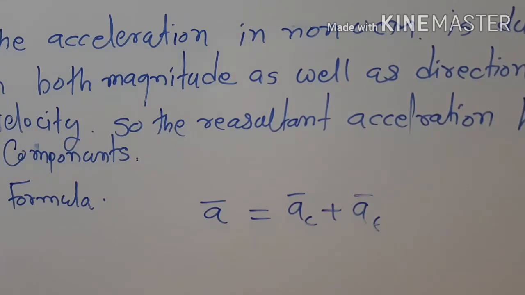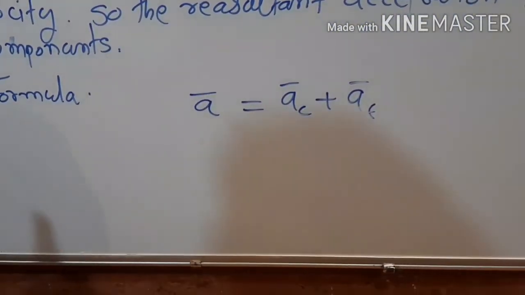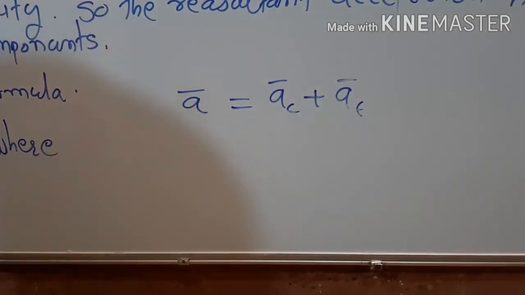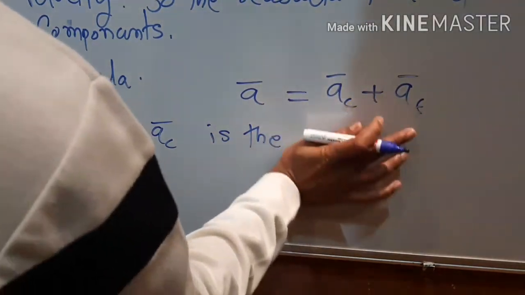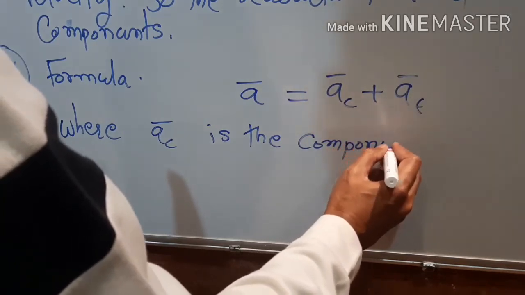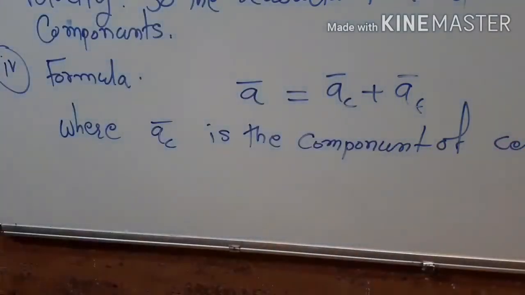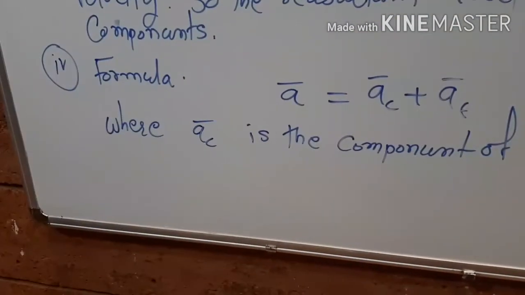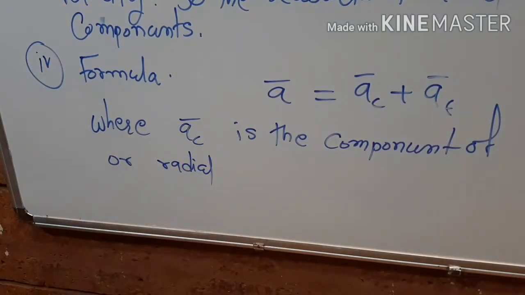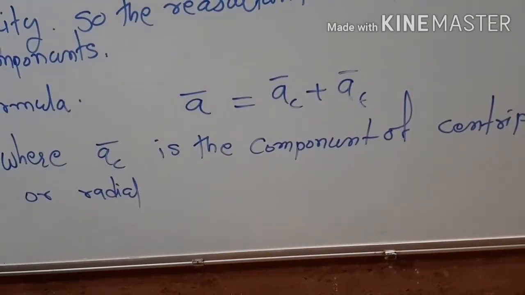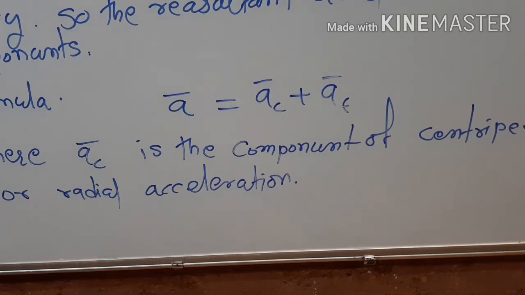So write down, where AC bar is the component of centripetal or radial acceleration.